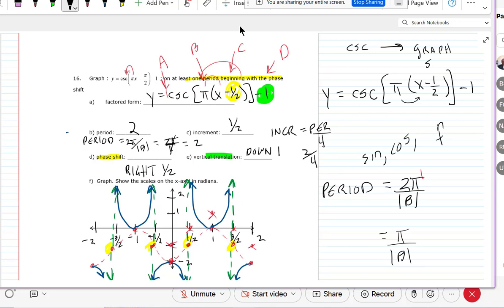I put the wrong thing there, I'm sorry. These four trig functions, sine, cosine, cosecant, secant, have a period that's 2 pi over b. The tangent and the cotangent are different. It's pi over b. And again, if you look at what I did here, b is this value that's in front of x in the beginning problem right there. You take 2 pi divided by that coefficient of x. That's how you get the period. Okay, you got that, Felipe? That's how you find it. There's a formula to it.